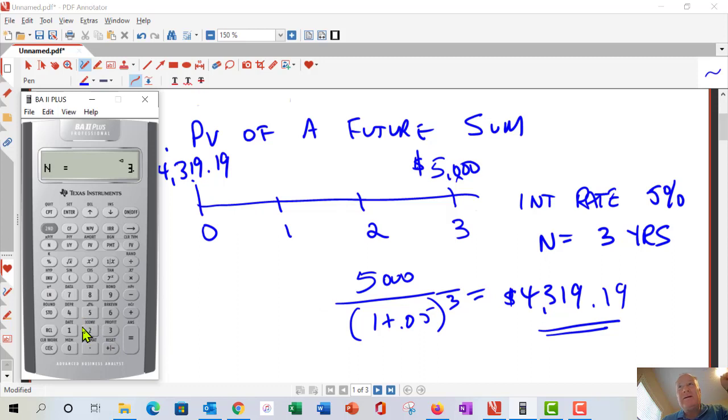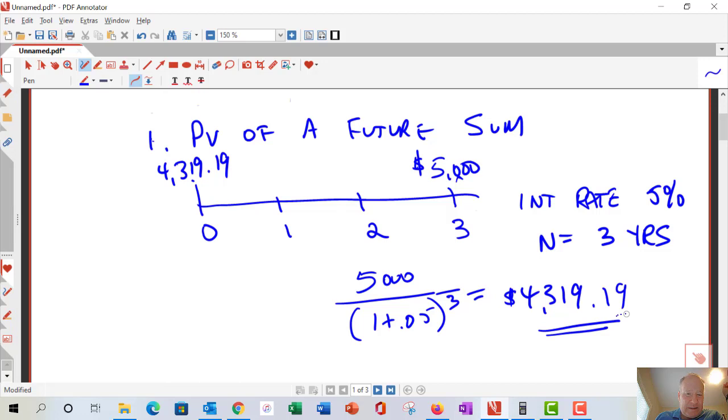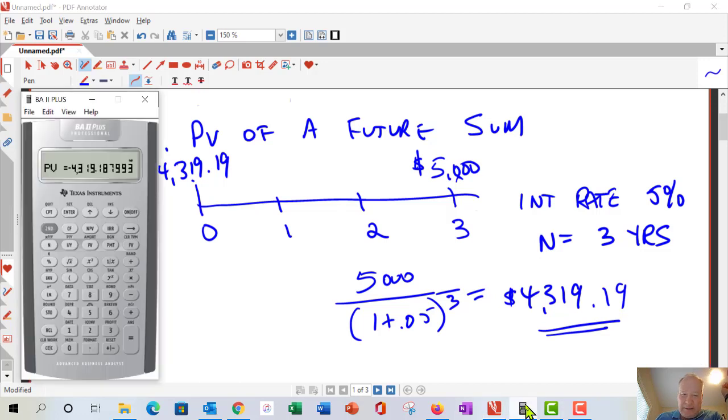So I'm just going to enter the 5 in there, and that'll be my I/Y. Now I can hit compute and my present value, and I get my $4,319.19. Okay, so there's our answer with the calculator using our time value keys, and the formula works like this.